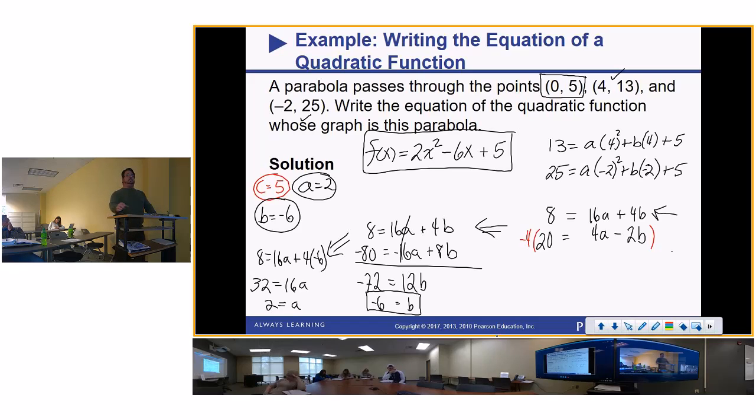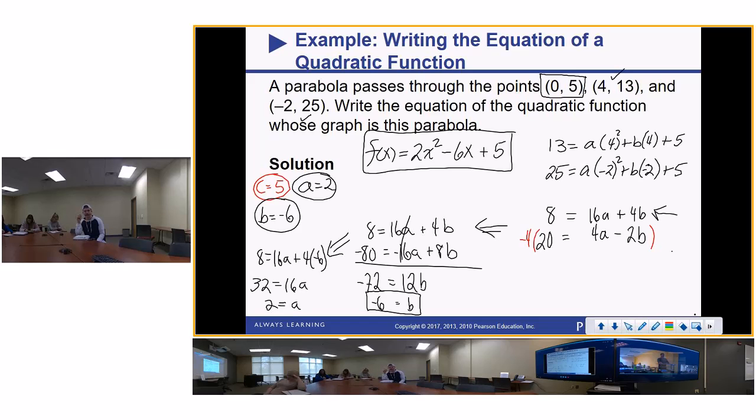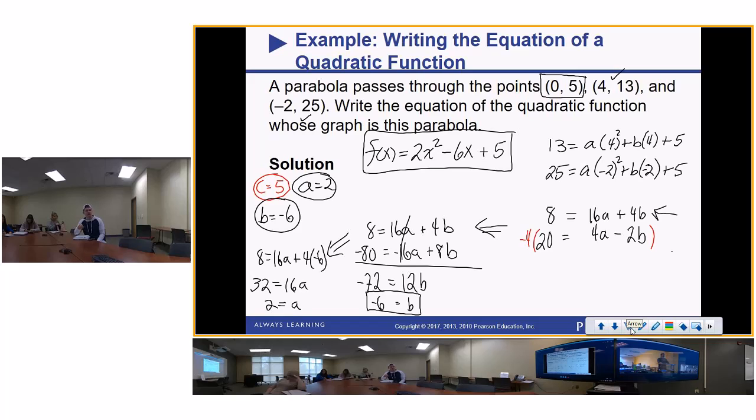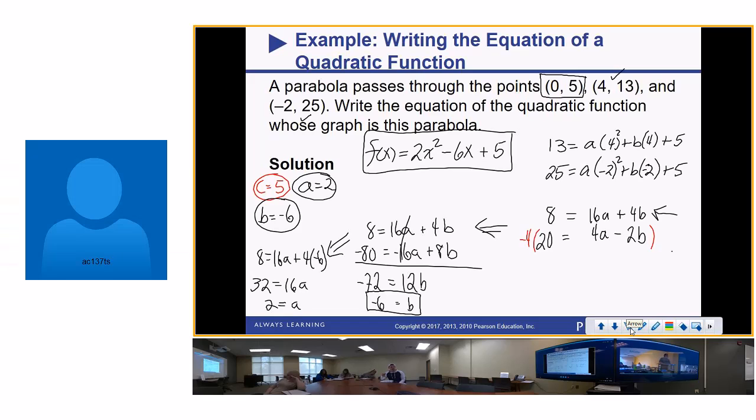Any questions on that one? Now that's a good one. How do you know, in that one when you started with 0, 5, did you do that because you knew you were going to find C with 0? Well, 0 is going to eliminate terms. Just like elimination. So you always go with the keep it simple. You're not going to be able to do it unless you eliminate terms from the first step.